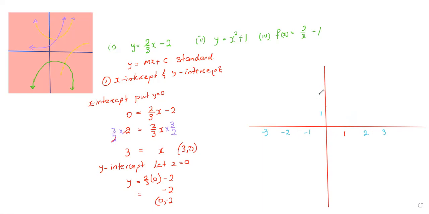On the other axis, 1 is there, 2 is there, 3 is there, minus 1 is there, minus 2, minus 3. This is the x axis and this is the y axis.